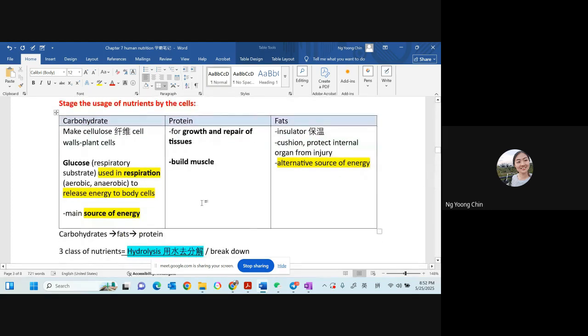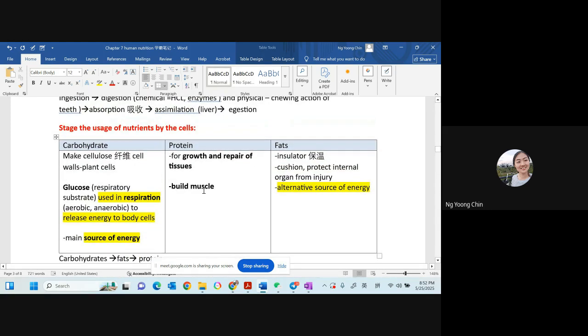The glycogen in the liver and muscle. So once they have finished depleting the glycogen in your liver and muscles, they have finished the source of carbohydrate, right? But they still need to get energy. So now they will start to burn the fats. They will burn the fats in your internal organs or under your skin to get the energy.